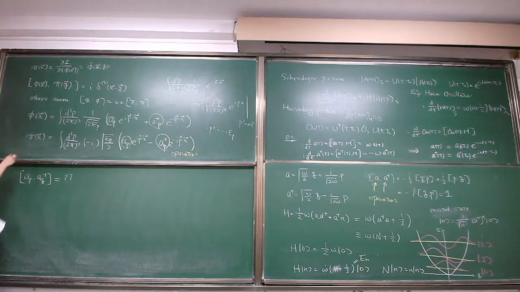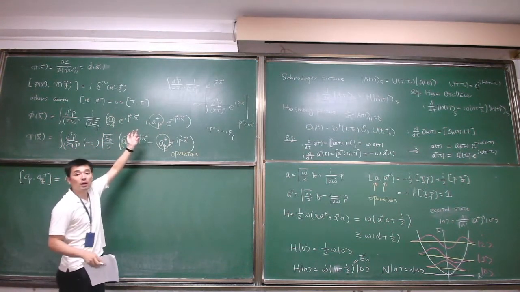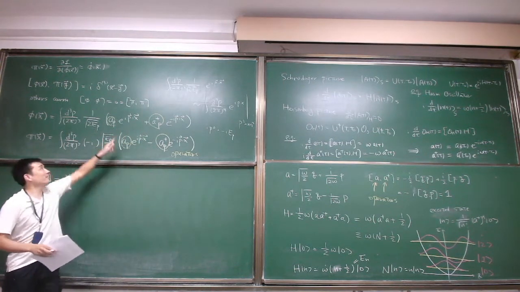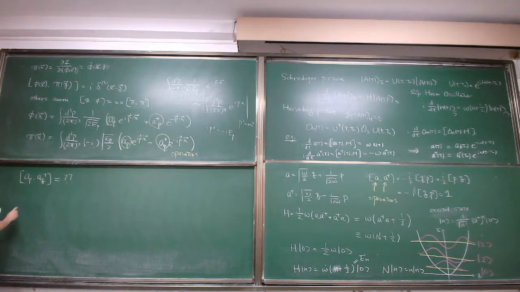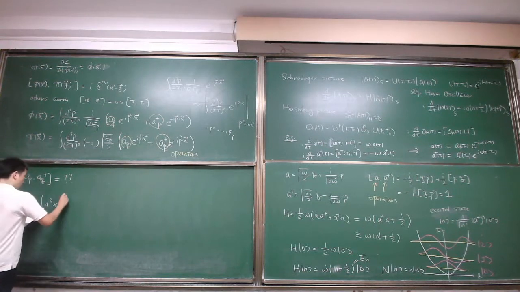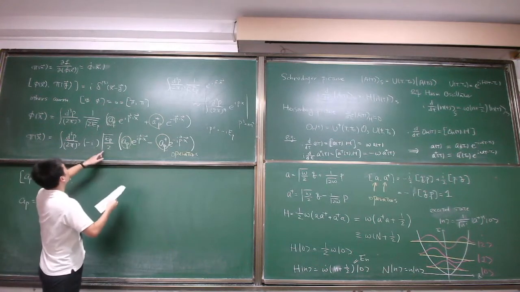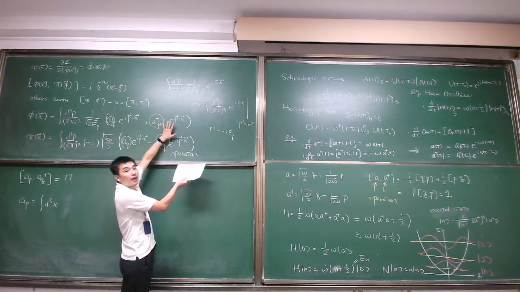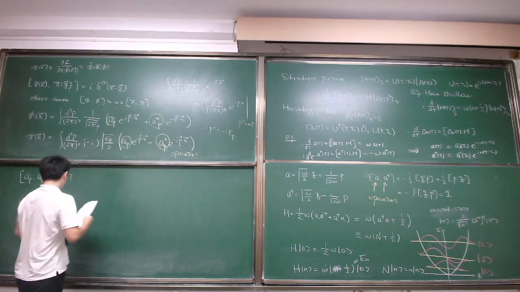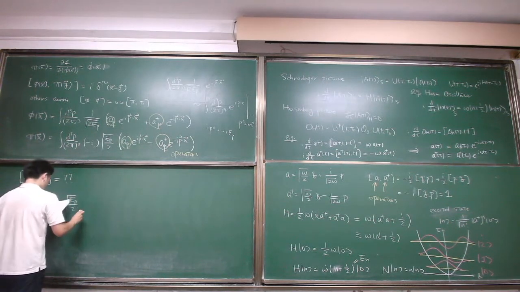Recall that these are the Fourier modes of phi and pi, so to get them you need to do the inverse Fourier transformation. So a_p is the integral d^3x, with an appropriate factor so that the a dagger parts cancel, E_p over 2 square root, times phi of x.